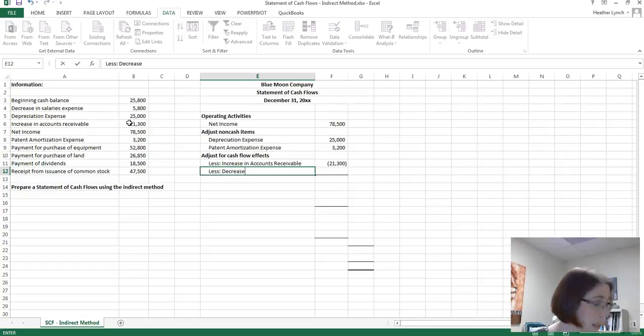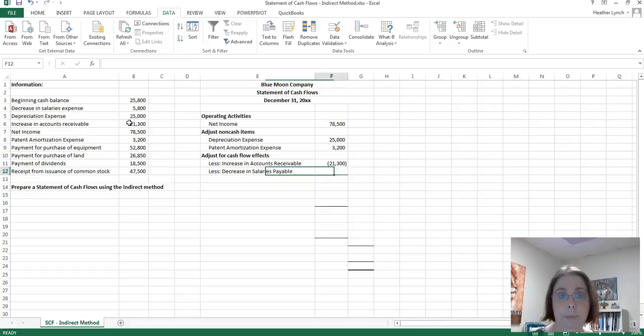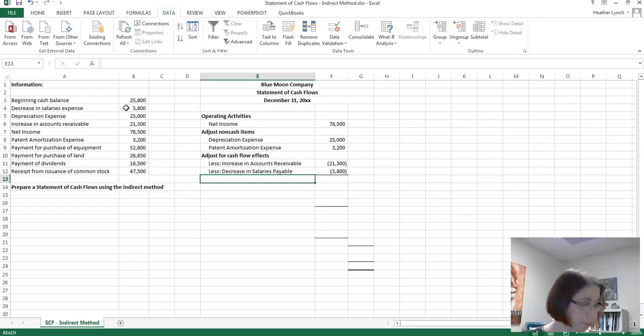We also have a decrease in salaries payable. If we had a decrease, that means we paid money out. So that's going to be equal to a negative $5,800.